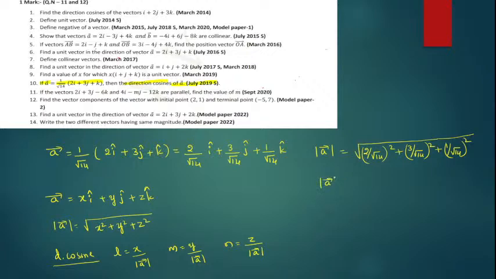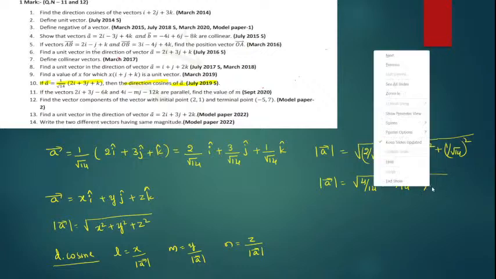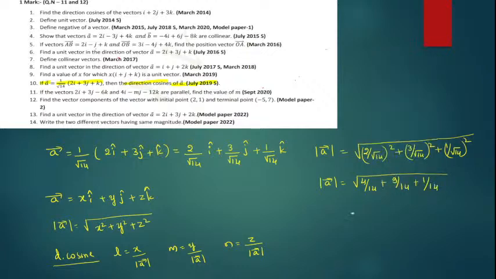So magnitude of A finally is equal to the square root of 2 square is 4, root 14 square will be 14, 3 square is 9, 9 divided by 14, 1 square is 1, 1 divided by root 14 whole square is 14. So finally you will get magnitude of A is equal to root 14 divided by 14, nothing but 1.